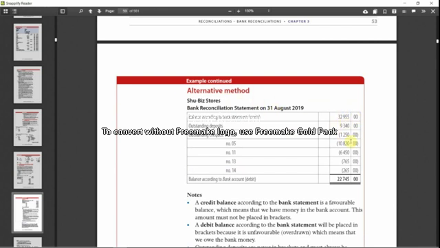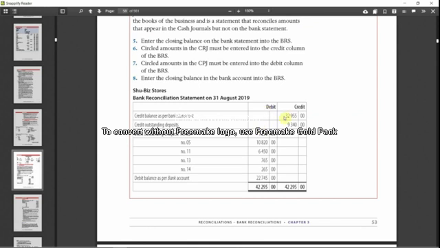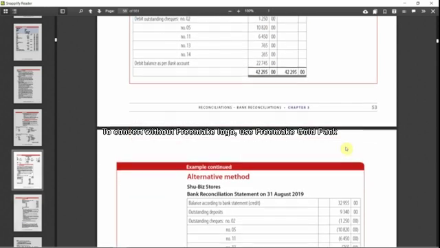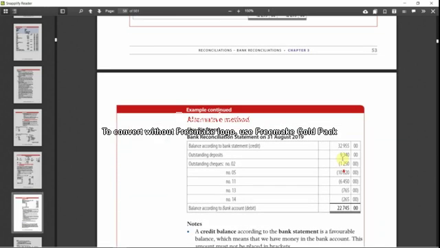So we could use one column instead of our debit and credit column, and then the assumption is that we start with a positive balance, which from the bank's perspective is a credit, and so all our credits will be positives and our debits will be in brackets as negatives. And then if you add and you subtract, you should get to the balance according to the bank account.